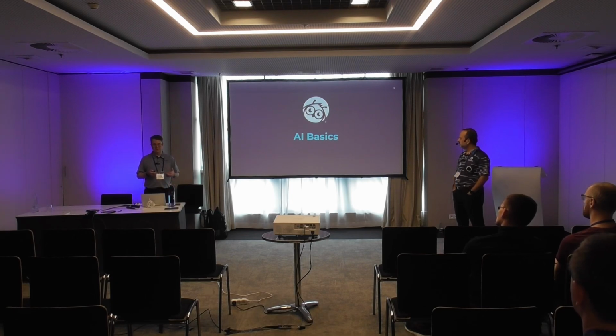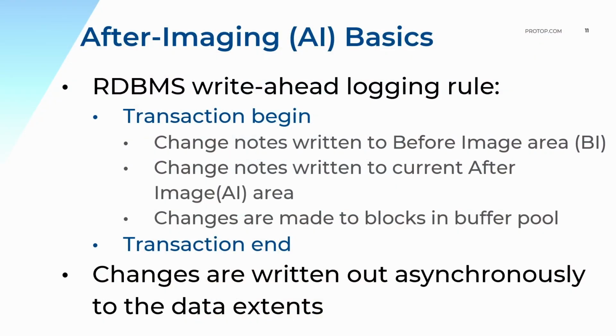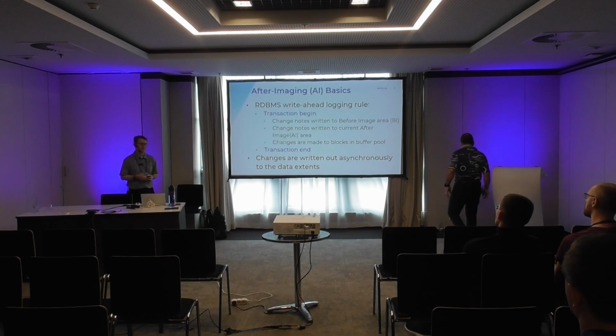So we'll talk about some of the basics from a theory perspective about the way that AI works. This is all about changes happening in your database. In the database, we have what's called a write-ahead logging rule, and that dictates the order in which change operations happen within the database.